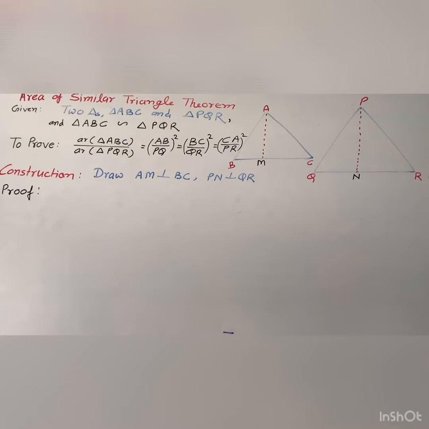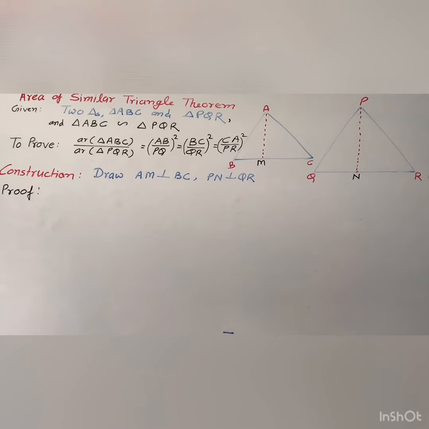According to the statement of the areas of similar triangles theorem, the ratio of the areas of two similar triangles is equal to the square of the ratio of their corresponding sides.